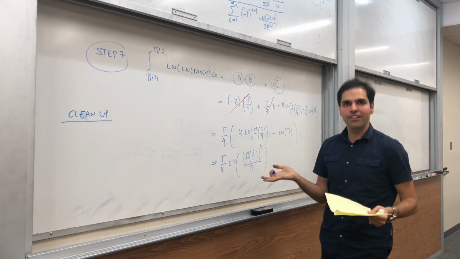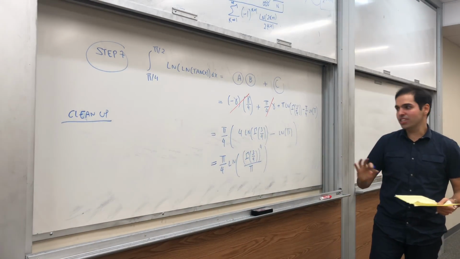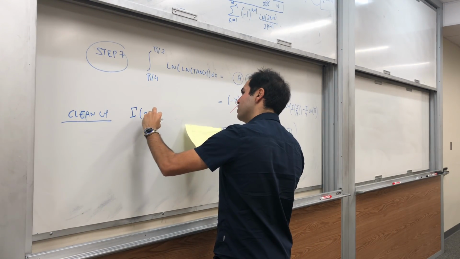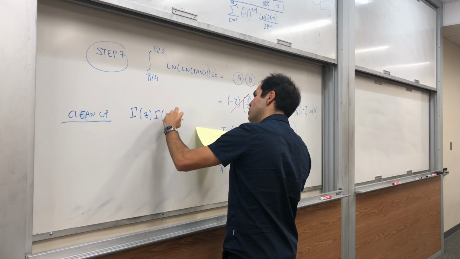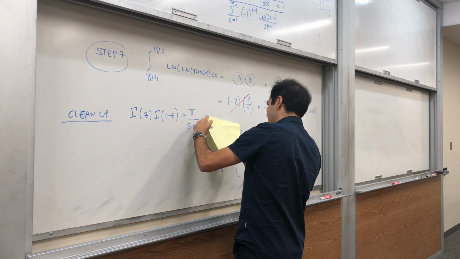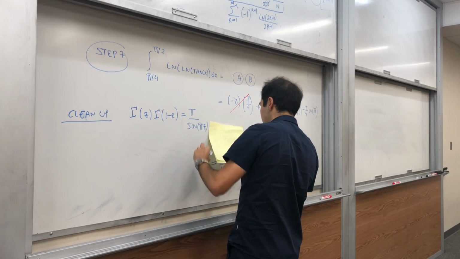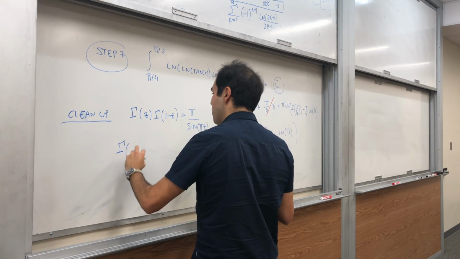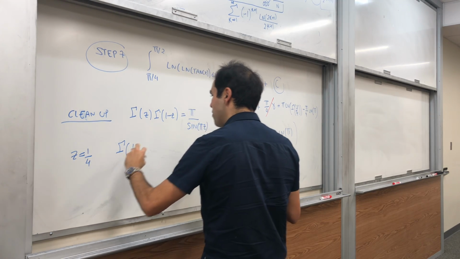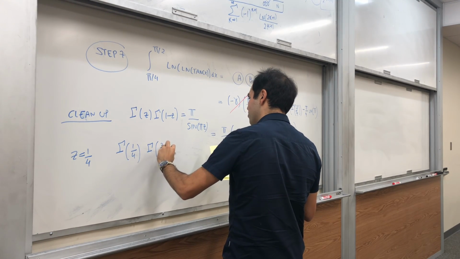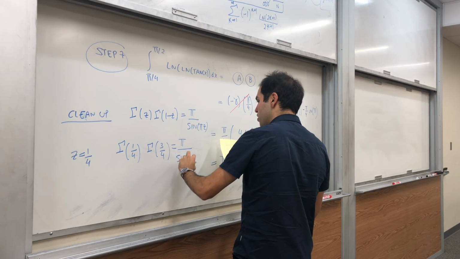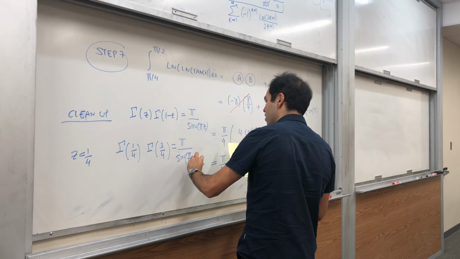I have done a video on this, but there's this Euler's reflection formula, which tells you that the gamma function of z times the gamma function of 1 minus z is pi over sine of pi z. In particular, if you let z be 1/4, gamma of 1/4 times gamma of 3/4 is pi over sine of pi over 4.